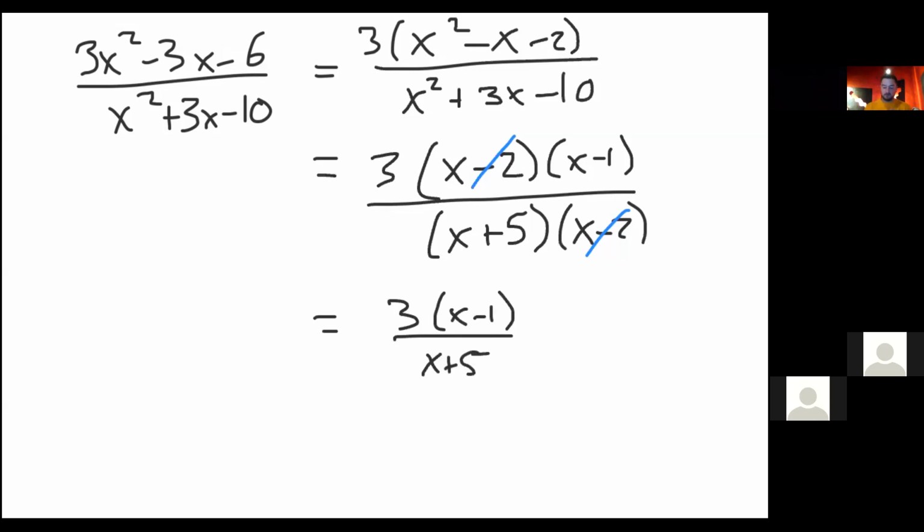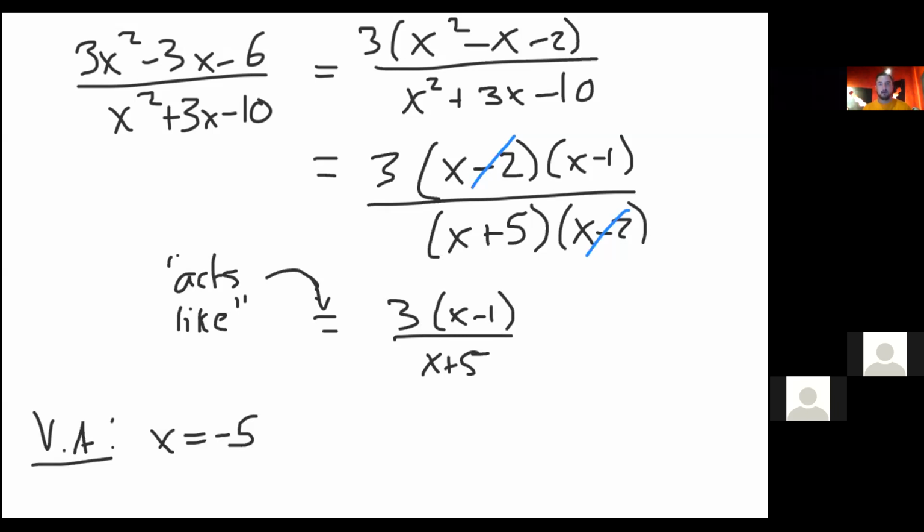So now that I've done this reduction, I can figure out that when that denominator is equal to 0 is when I will have a vertical asymptote. So the vertical asymptote would be at x equals -5. Now it would also have to be a point that I remove from the domain of the original function.